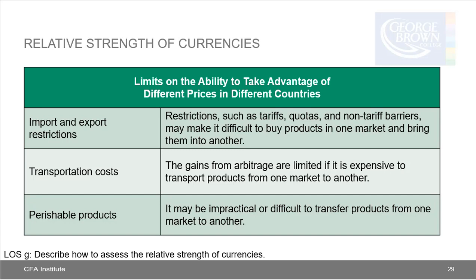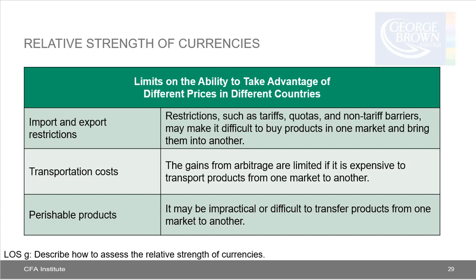The first one is import and export restrictions. Restrictions such as tariffs, quotas, and non-tariff barriers may make it difficult to buy products in one market and bring them into another. Indeed, bringing a car from the United States into Canada, there are certain things that you have to do, and perhaps duties and taxes that need to be paid.